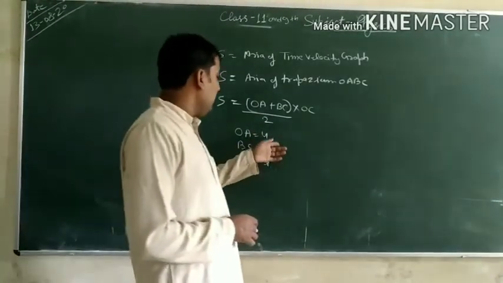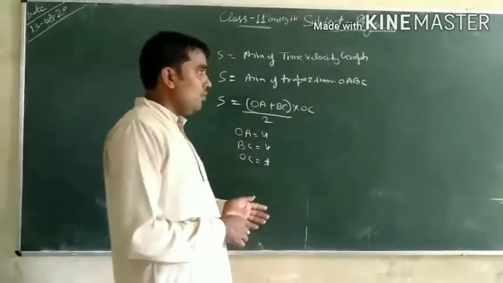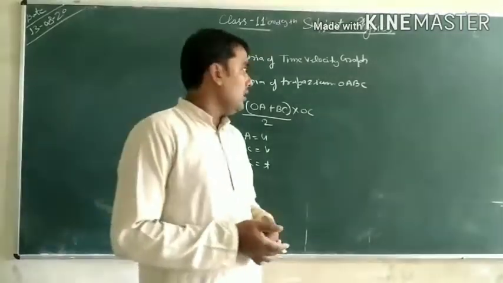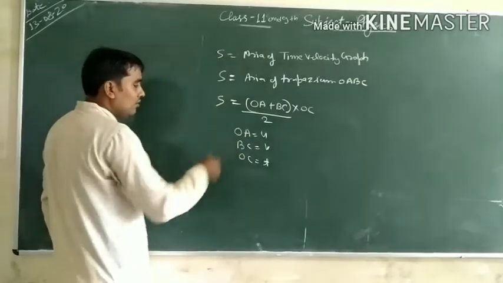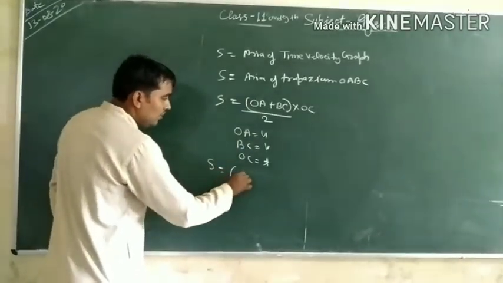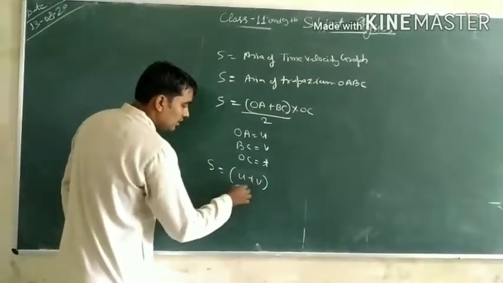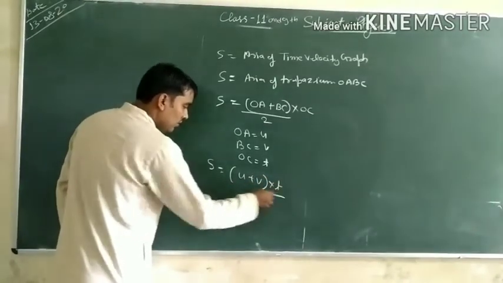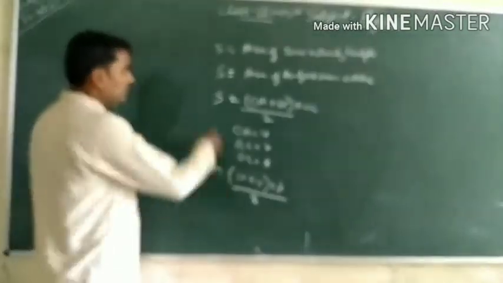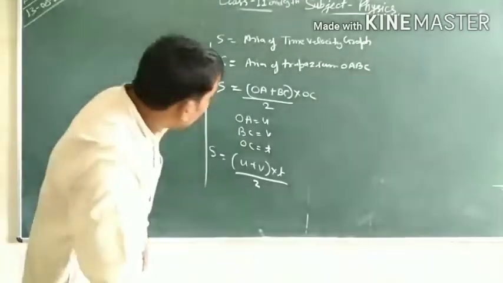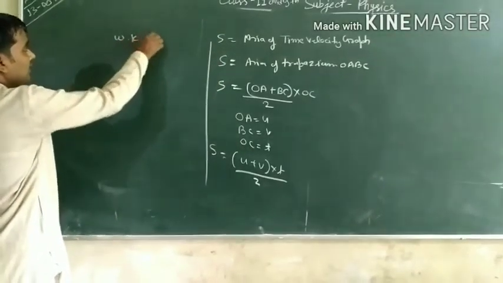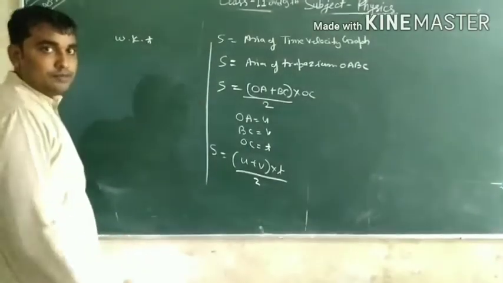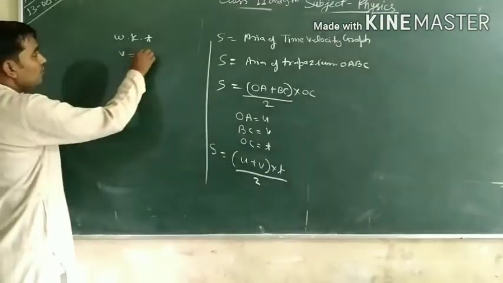These values are from the velocity-time graph, which was reviewed in the previous lecture. Now put these values in that equation. So S is equal to (U plus V) into T, whole upon 2. Now we know from the first equation of motion, V is equal to U plus AT.